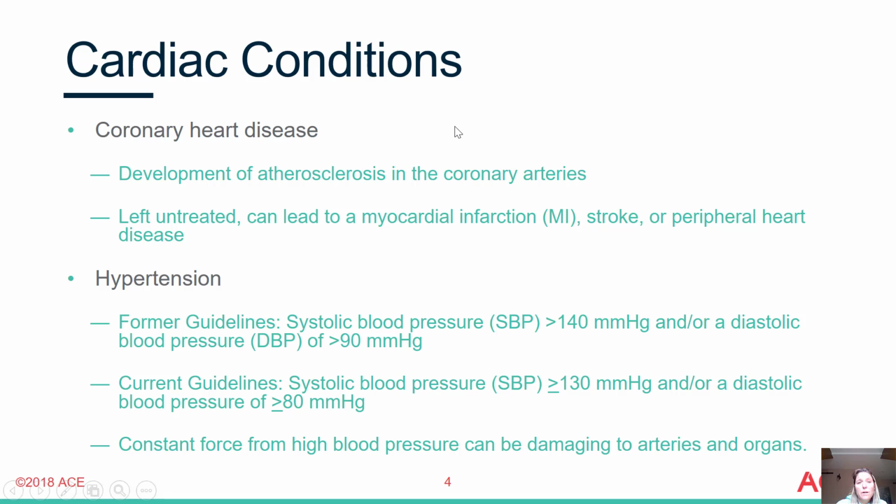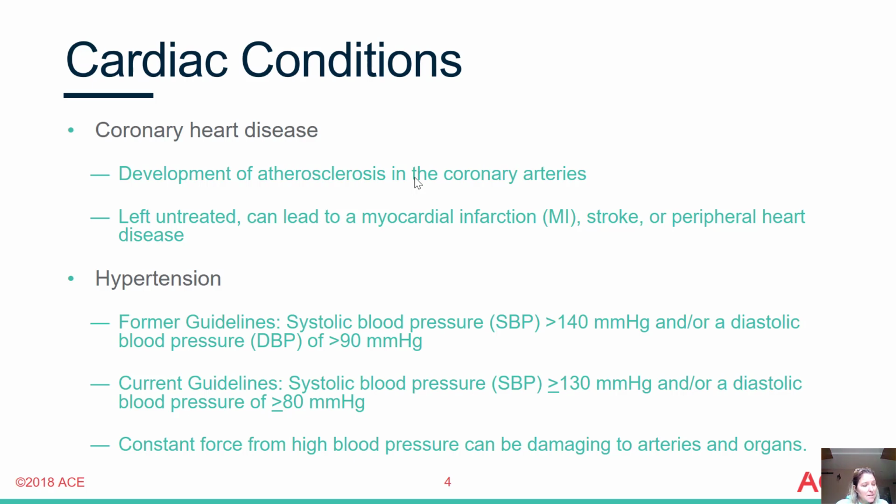Coronary heart disease is that big umbrella where arteries can become blocked with plaque, and that can occur not only in the heart, but also in your brain and in the vessels in your extremities.